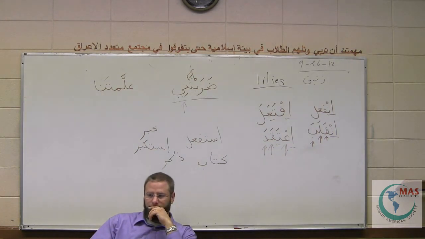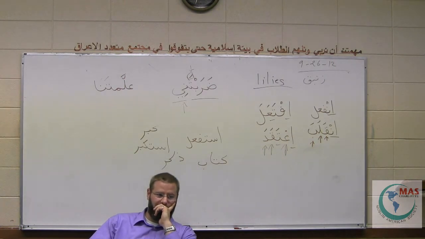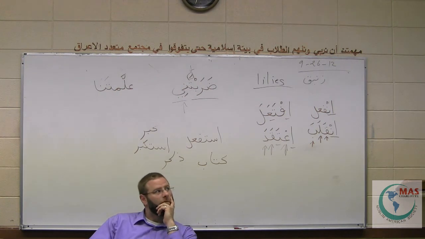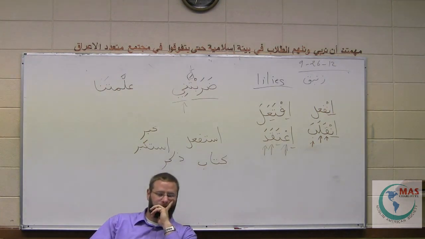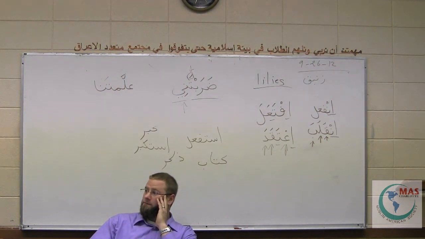When you say just a word like kataba, it's he wrote. Qara'a, he read. Shariba, he drank. Dhahaba, he went. Fa'ala, he did. Akala, he ate. Zanna, he thought.